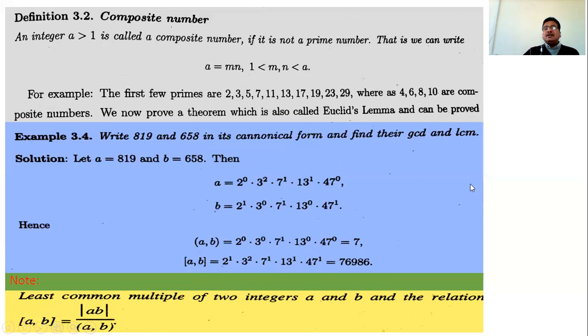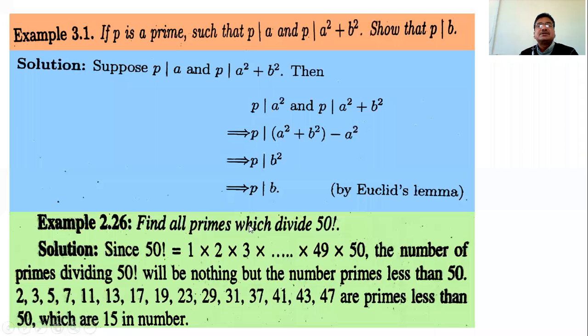If you have to find the LCM of two large numbers, first find the greatest common divisor of those two numbers by using the Euclidean algorithm and then use this formula to obtain the LCM of the two numbers.